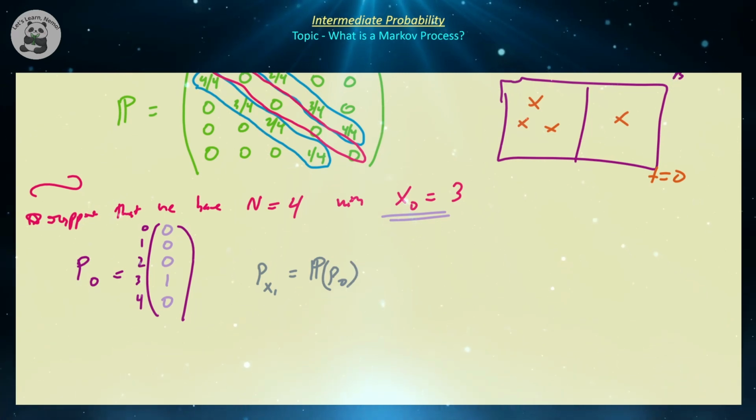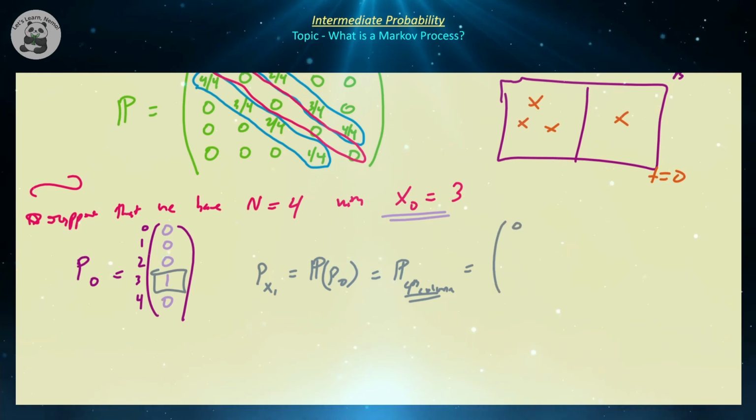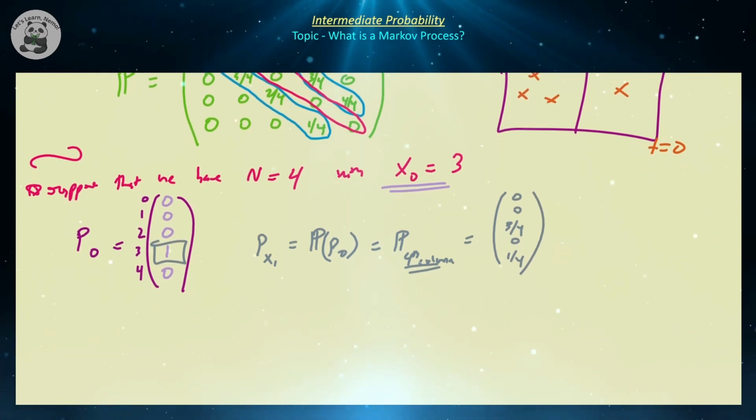And we already know how to multiply these things out. So this is going to be equal to the 4th column of our stochastic matrix P, which is going to be equal to 0, 0, 3/4, 0, 1/4.